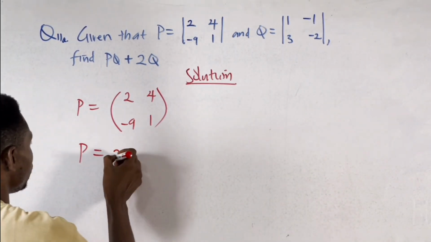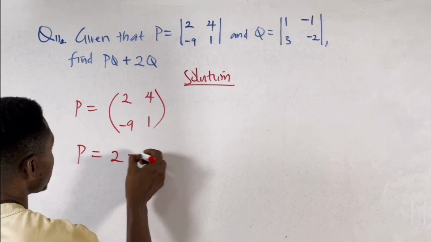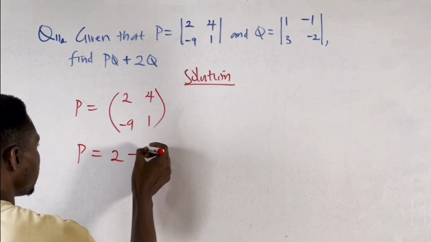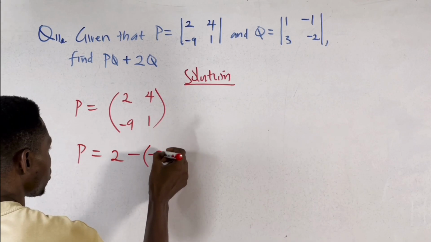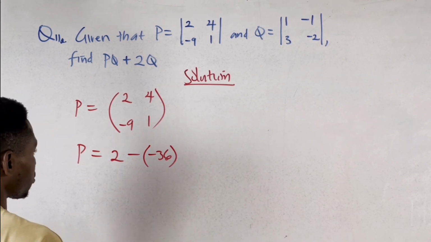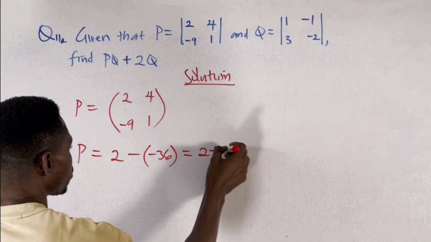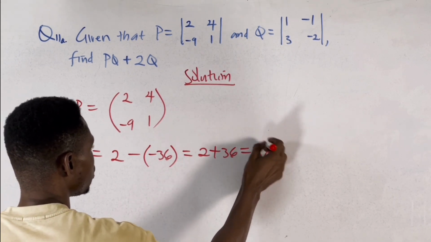So P will be equal to 2 times 1 is 2, minus 4 times minus 9, that's minus 36. So this will give us 2 plus 36, which is 38.